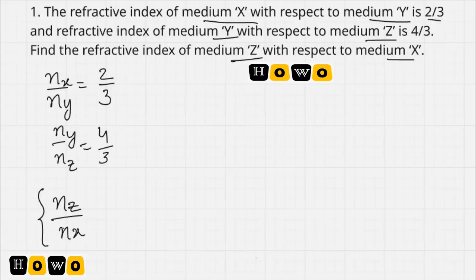As you can see, in this ratio, refractive index of Y is missing.